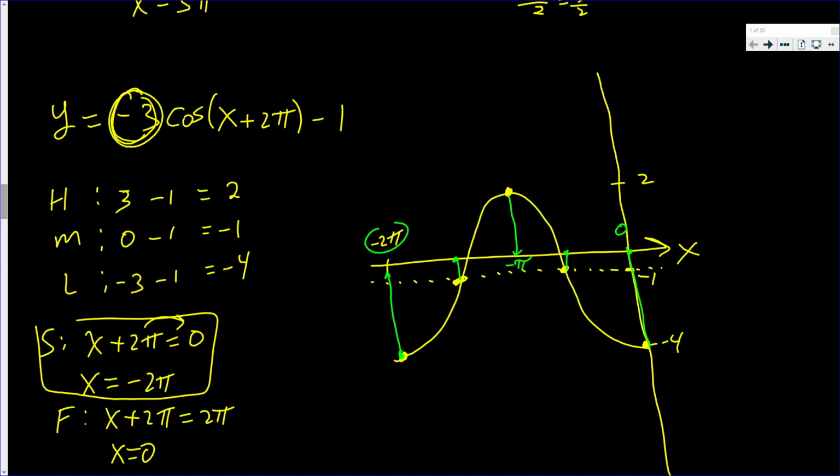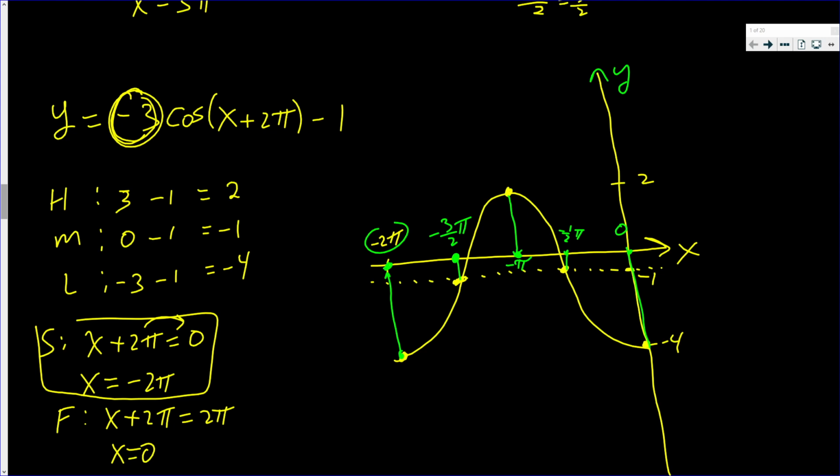Answer, -pi. Now, you have to start catching on. This is going to be -1/2 pi. -1 pi is right here. -1.5 pi is right here. And right here is -2 pi. Label this the y-axis and be done.